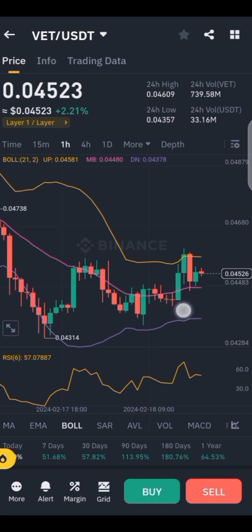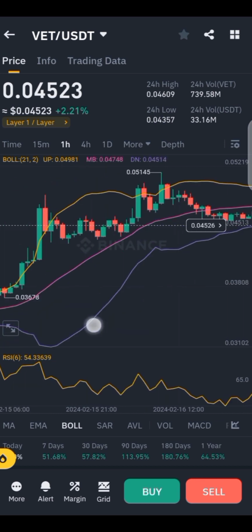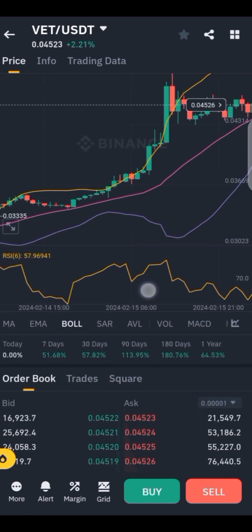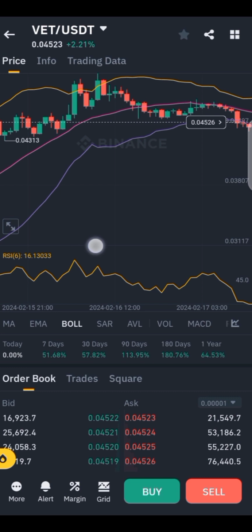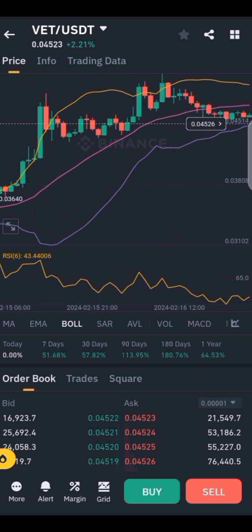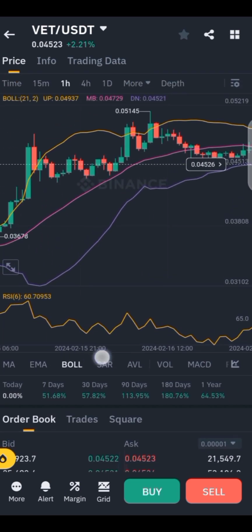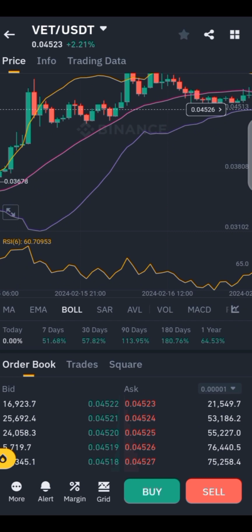So without wasting much time, I want to show you how I was able to insert this Bollinger band. If you look below here, you will see MA, EMA, and so on, and Bollinger band, where you will see BOLL, SAR and others.